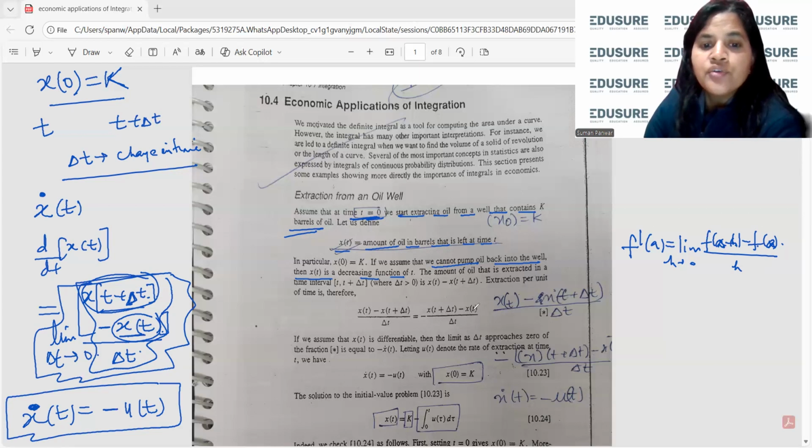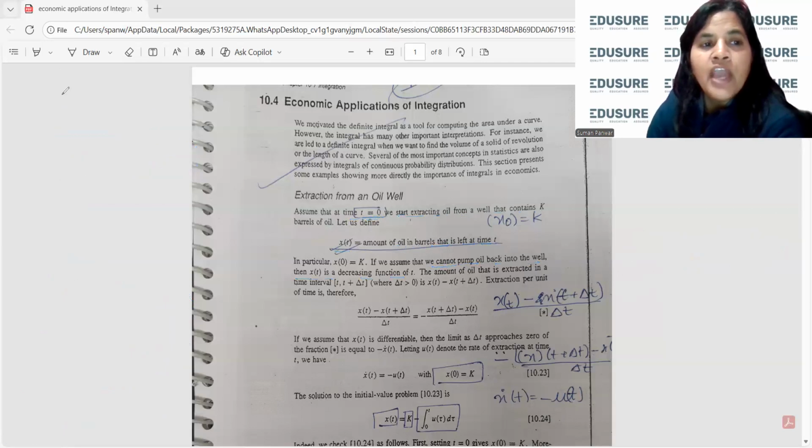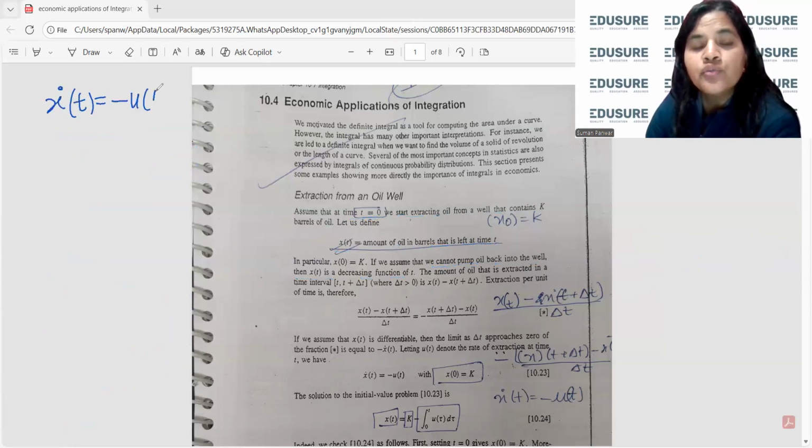All right, so now this is our equation. We have obtained x dot t is equal to minus u(t). So the rate of change of oil at time t is equal to the negative of a function u(t).